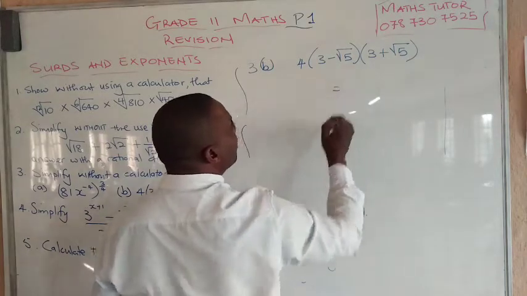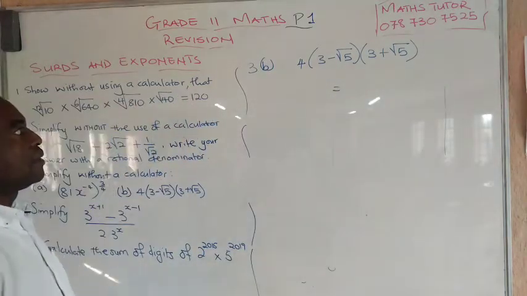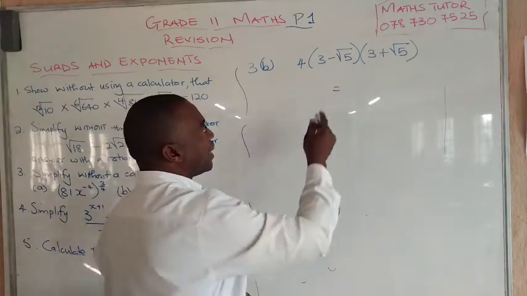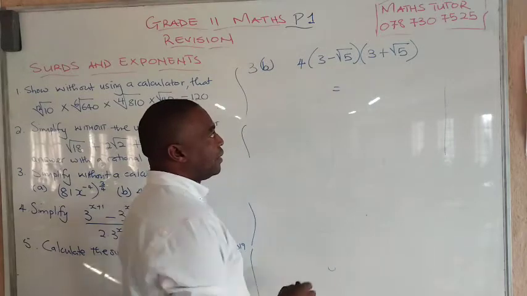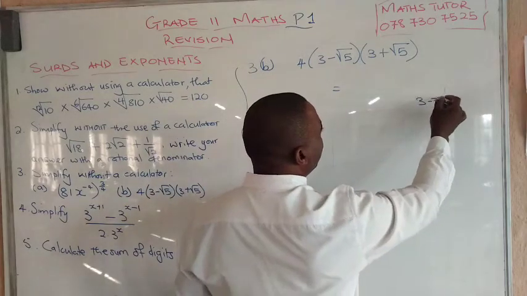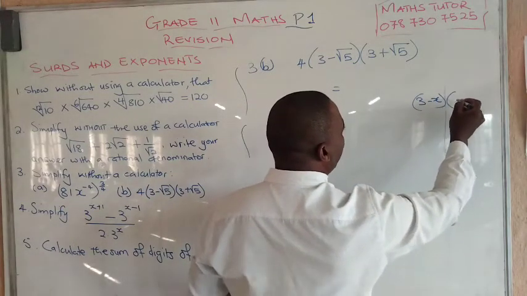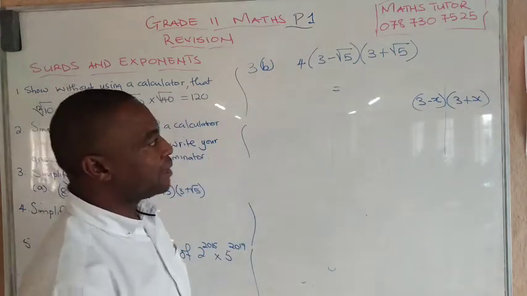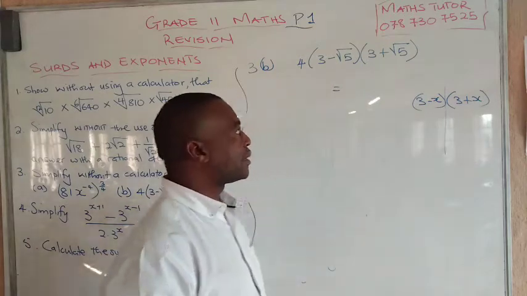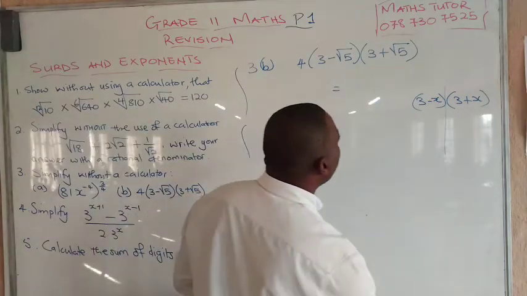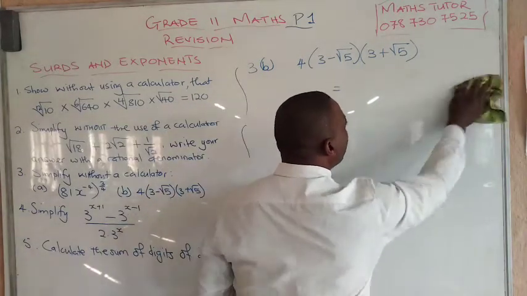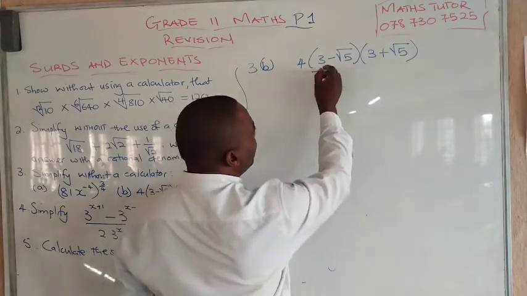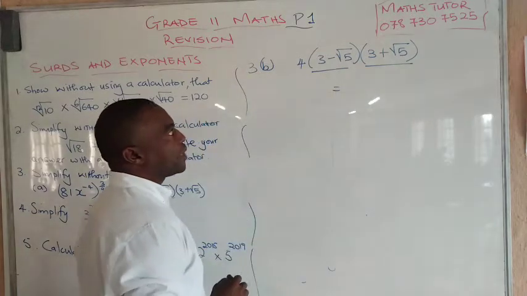Now, when you look at this, and if you are still familiar with terms like this in algebra, if you are given 3 minus x by 3 plus x, you will quickly notice that this is a difference of 2 squares. So even here, we will not want to waste the time doing the full multiplication because we see the difference of 2 squares there.